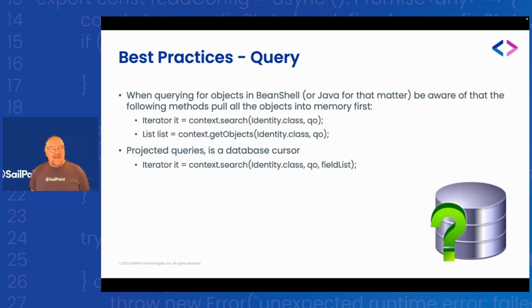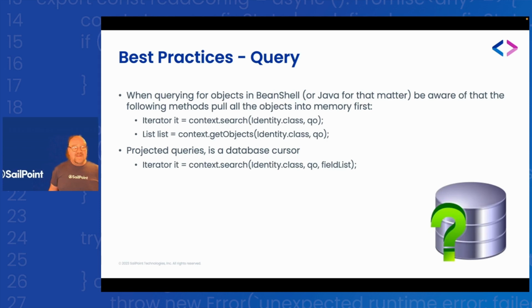I've got two types of queries at the top: context.search, using the identity class and passing query options to it, and the second one is context.getObjects, identity class, and then a query object. One returns an iterator, and one returns a list of objects. Now, believe it or not, they're both doing exactly the same thing.